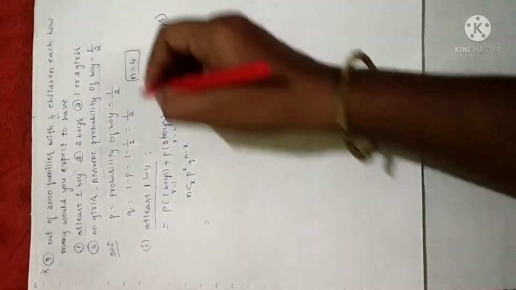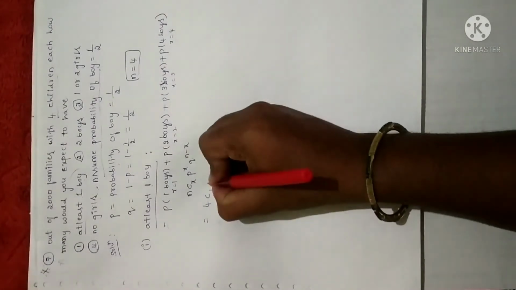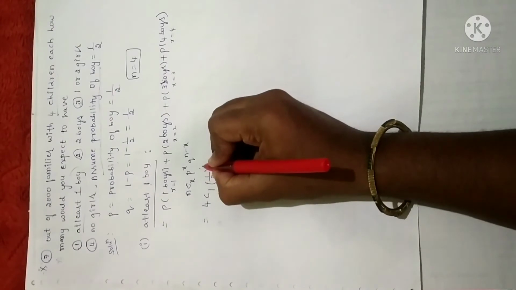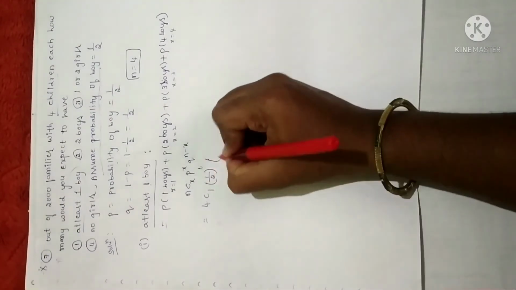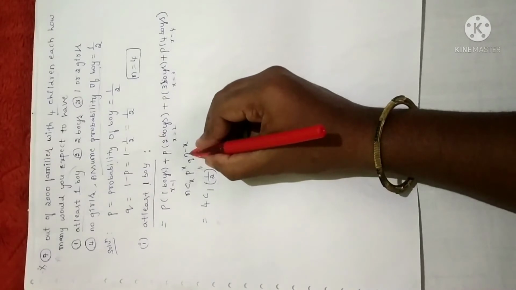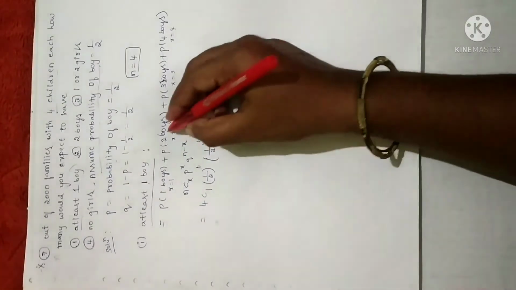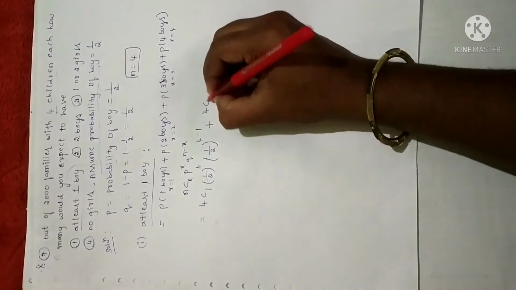So here n value is 4. 4C1, p is 1 by 2, x power is 1 only. So I'll put x = 1 here. q is again 1 by 2, n value is 4 minus x value is 1, plus again 4C x, value is 2.